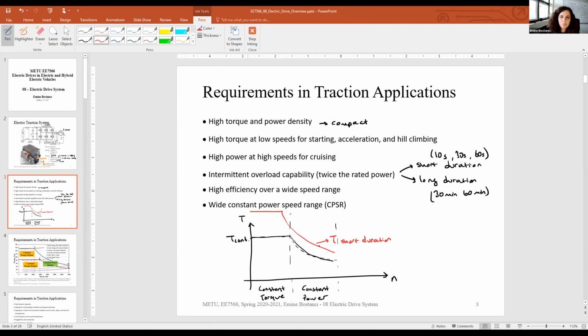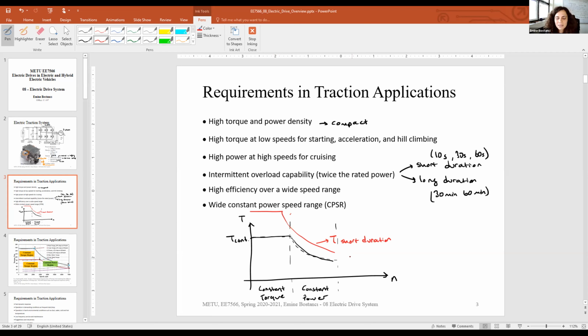Some manufacturers also talk about many T's, like 10-second torque characteristics, 30-second torque characteristics. So you can put here many different curves. But the idea behind it is, since the system has to be cooled, and one of our limits is that the system is getting hot, we can allow some high torques, but for a shorter time.